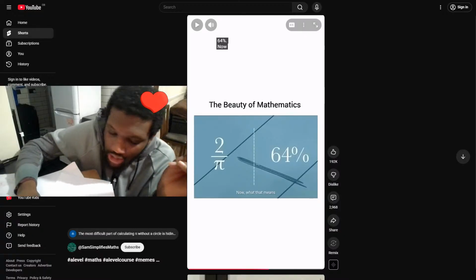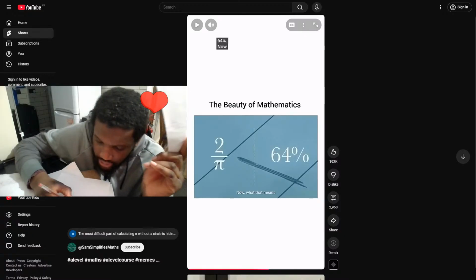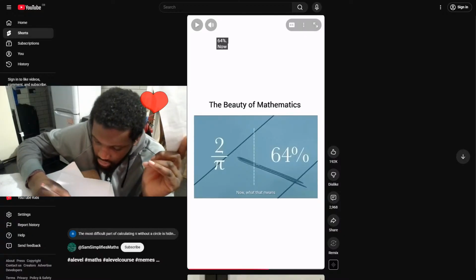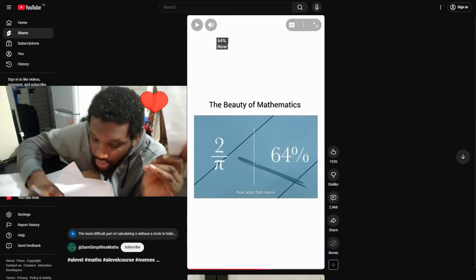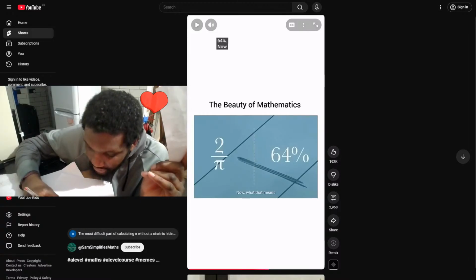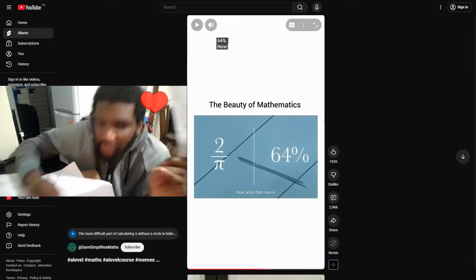So basically you got 2 over pi plus pi over 2. You got basically 2 over pi, which is 0.6368.